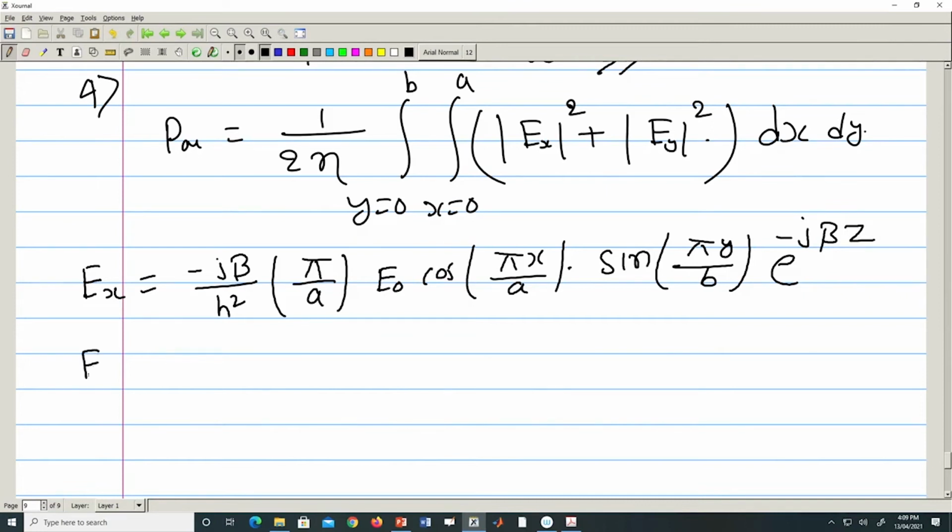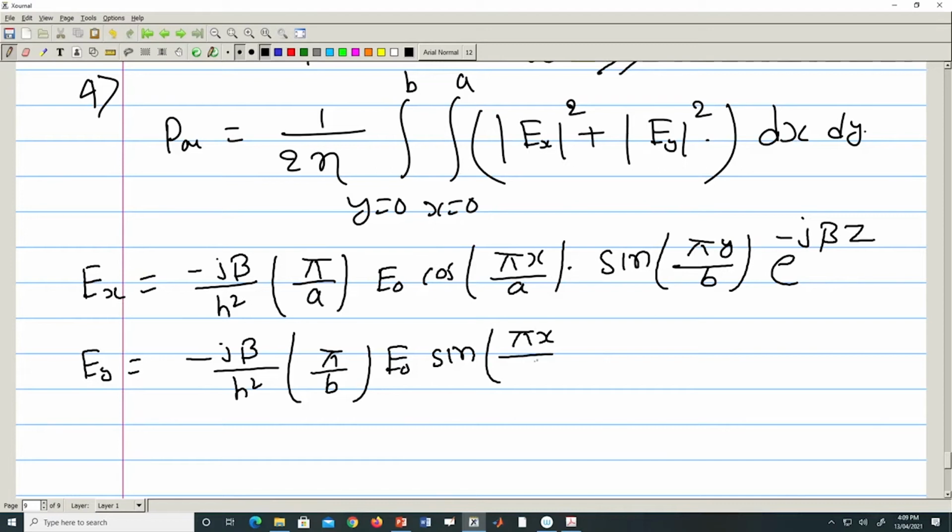And Ey will be, for m equal to 1 and n equal to 1, minus j beta by h square, pi by b, E naught sin pi x by a cos pi y by b, e to the power minus j beta z.